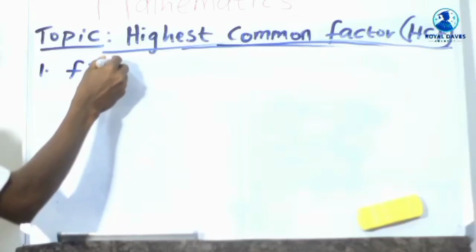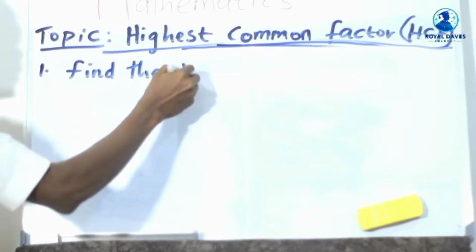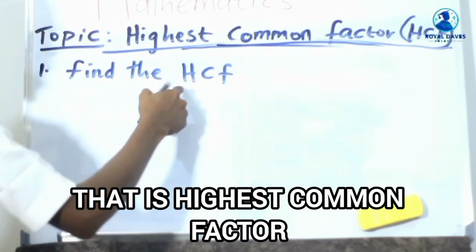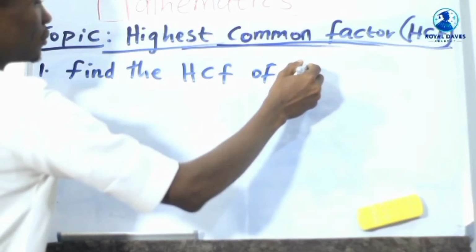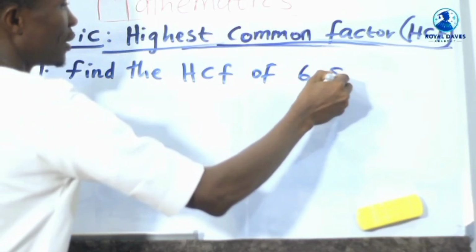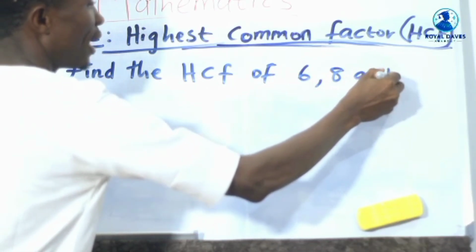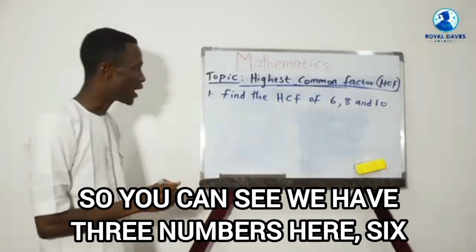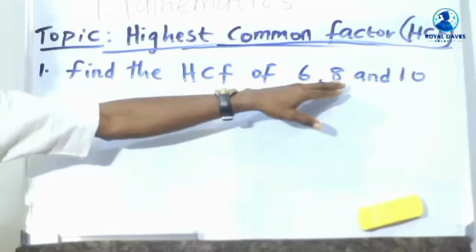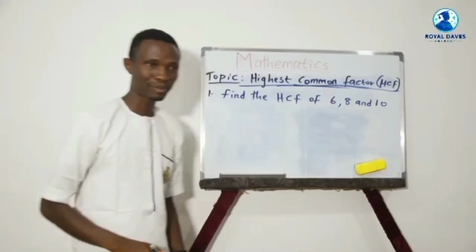Find the HCF, that is highest common factor, of 6, 8, and 10. So you can see we have three numbers here, 6, 8, and 10.